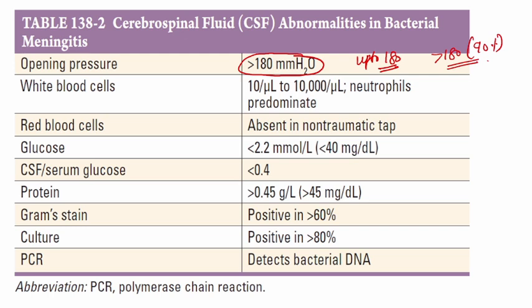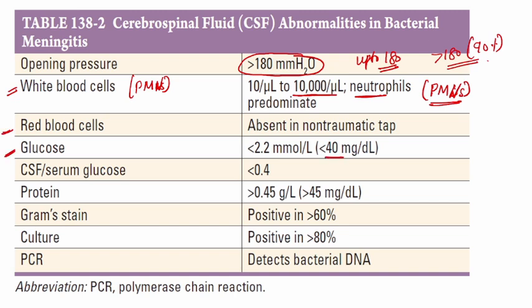WBC counts can be up to 10,000 cells, and all of them will be neutrophils. What are neutrophils otherwise called? Polymorphonuclear leukocytes, polymorphs for short. So WBCs are polymorphs most of the time. PMN, polymorphonuclear leukocytes. RBCs are absent in a non-traumatic tap.